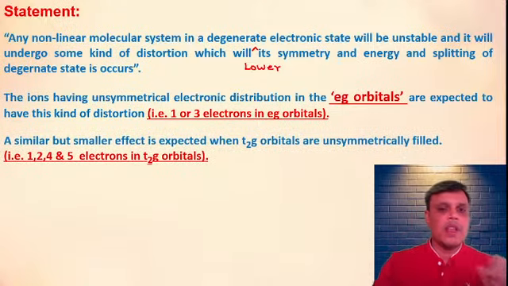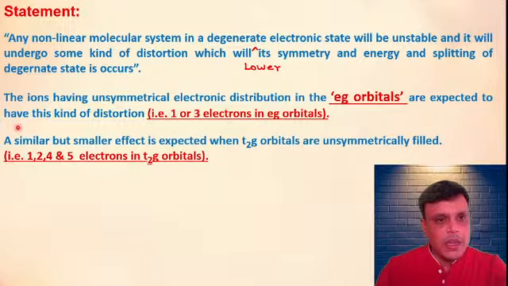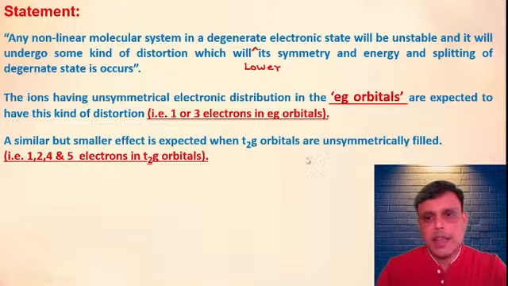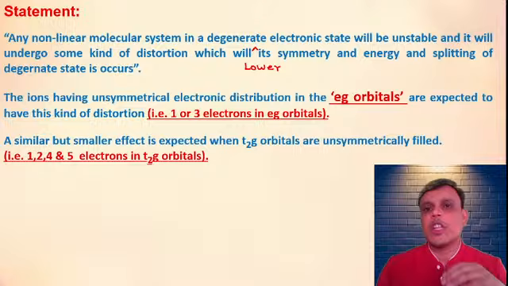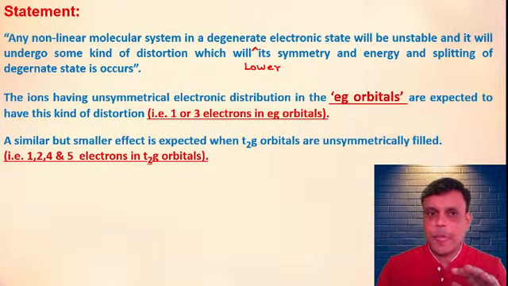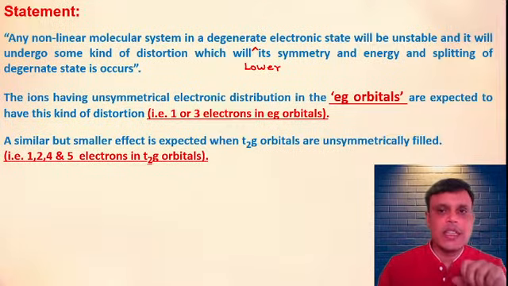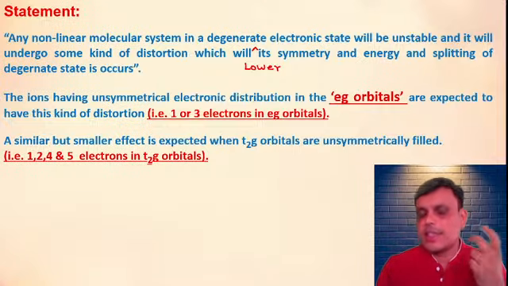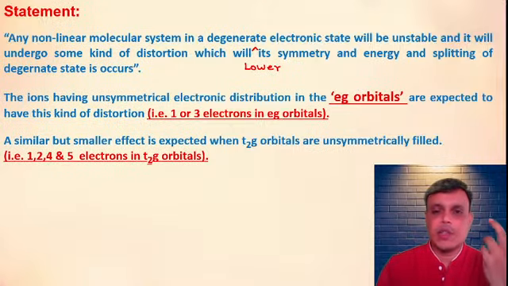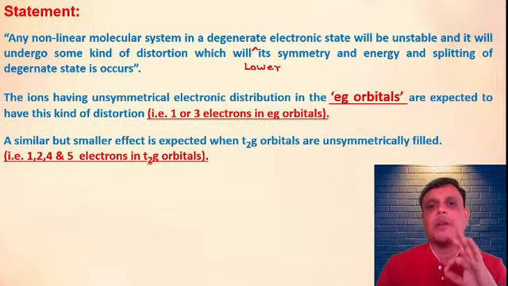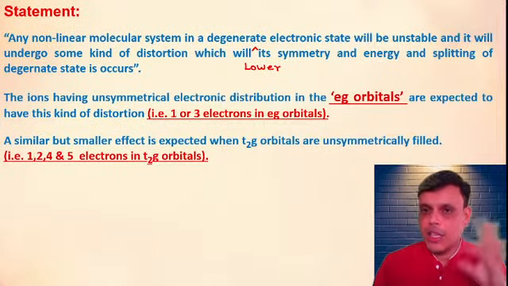Then the third point is: a similar but smaller effect is expected when T2g orbitals are unsymmetrically filled. What about T2g? अगर T2g में भी unsymmetrically filled electrons हैं तो उसमें भी Jahn-Teller distortion होता है, लेकिन उसकी intensity और magnitude Eg से कम होती है. ऐसा नहीं है कि T2g unsymmetrical filled होने से Jahn-Teller distortion नहीं होता है, but its magnitude is less as compared to the Eg orbital.